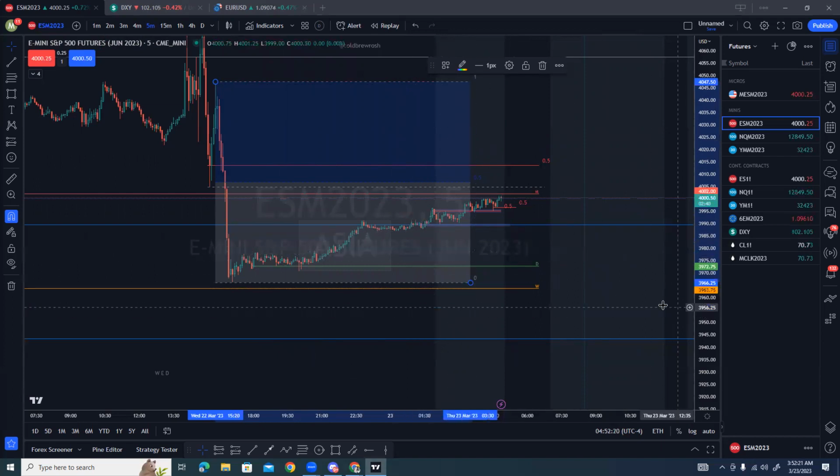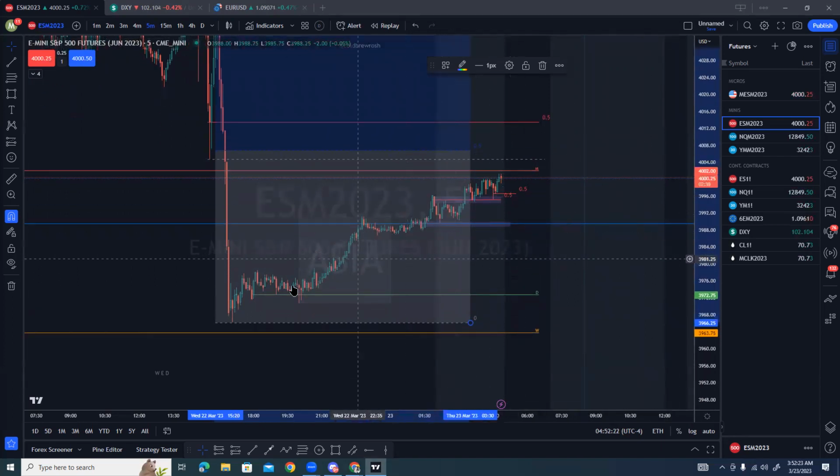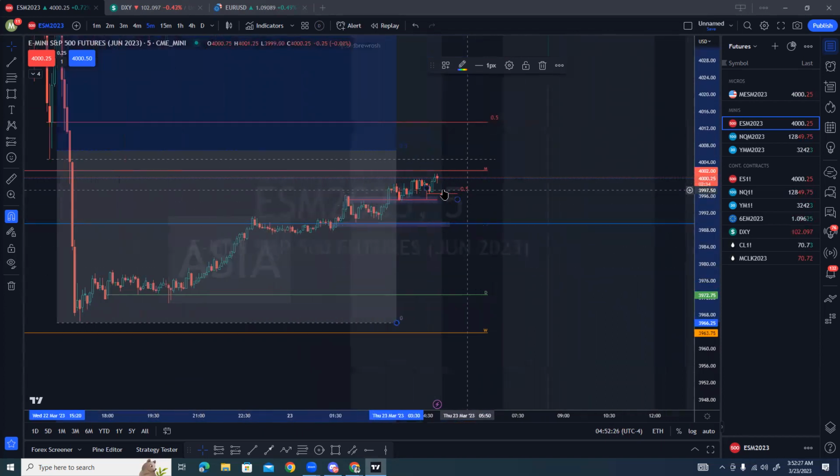And look how many buy trades have happened in this entire range, including that last one right here that we've been talking about this morning. And our target was the monthly, and we're about to hit it.